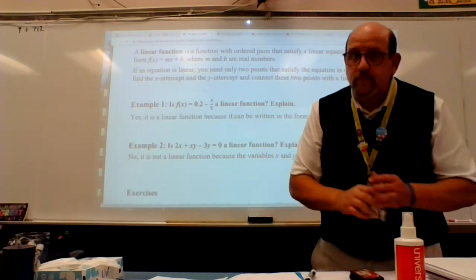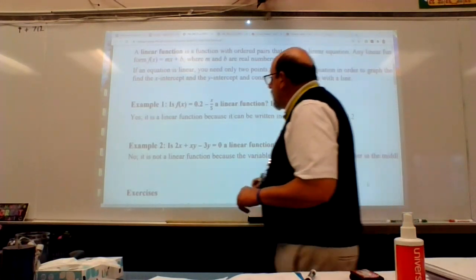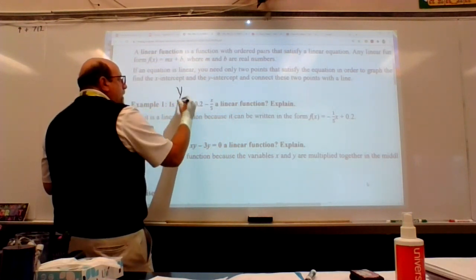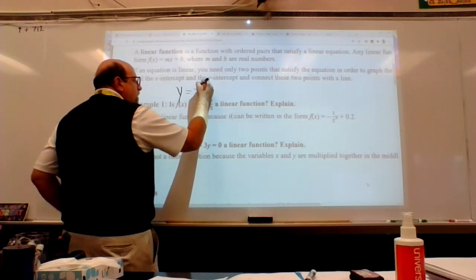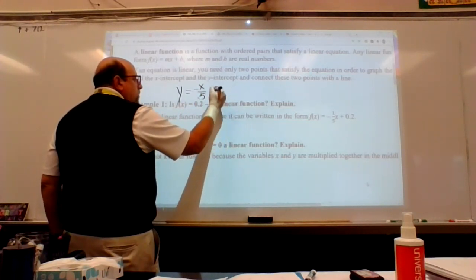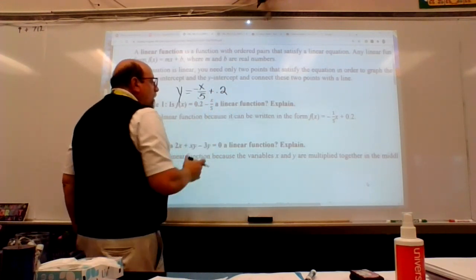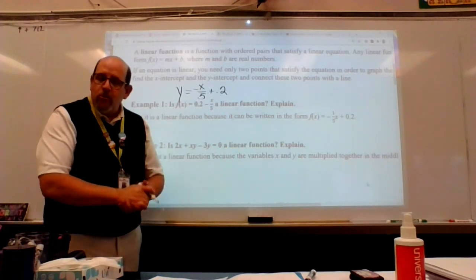Well, let's rewrite it and make it look like something that we know. Let's just write y equals, and let's shift this around, negative x over 5 plus 0.2. All right? Is this in our slope-intercept form? You bet it is.